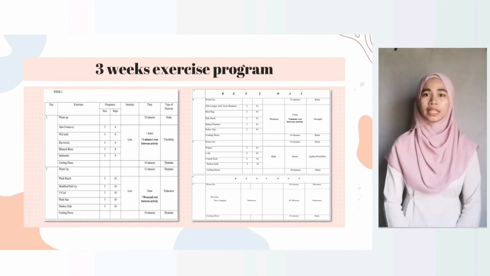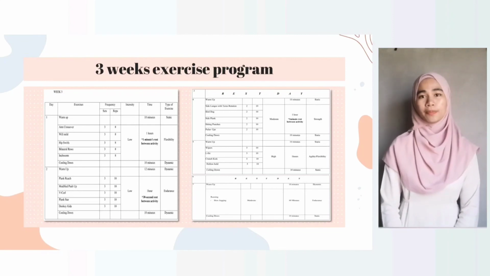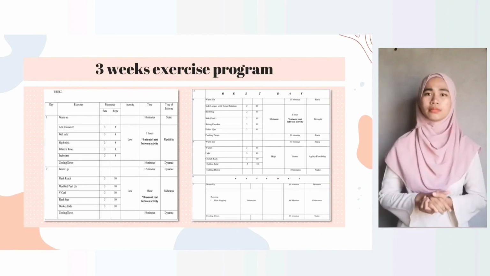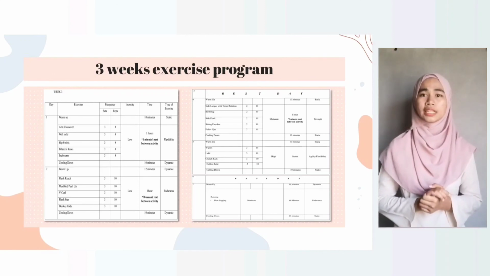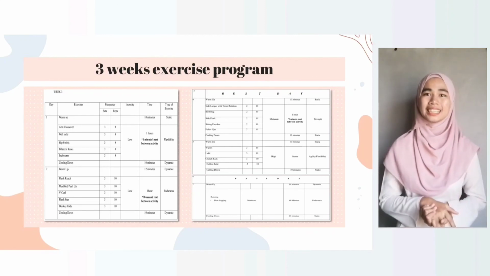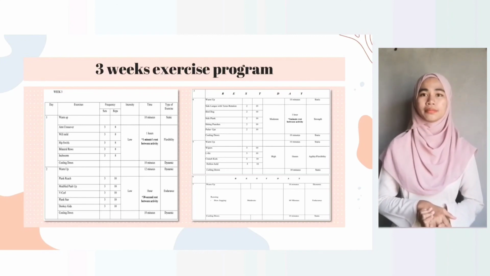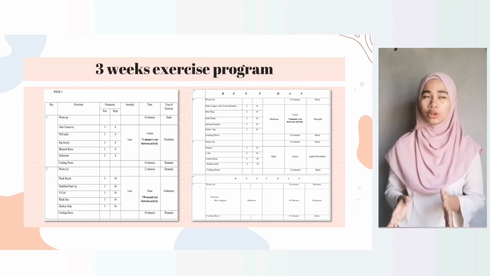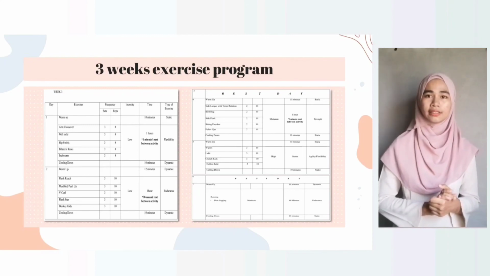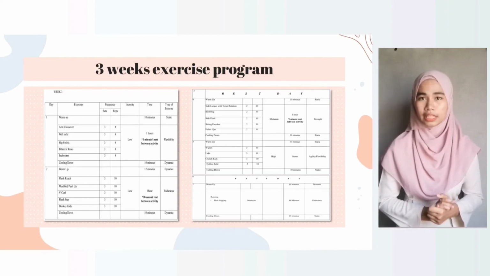Same. Day 2, we have plank reach, modified push up, curve, plank star, and donkey kick. The exercise is 3 sets, 10 repetitions with low intensity on 1 hour duration, with 13 seconds rest per activity.